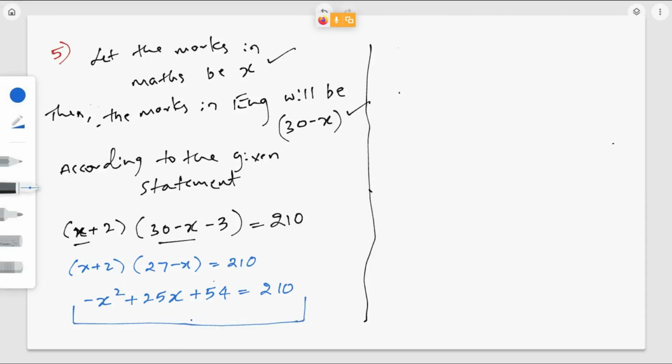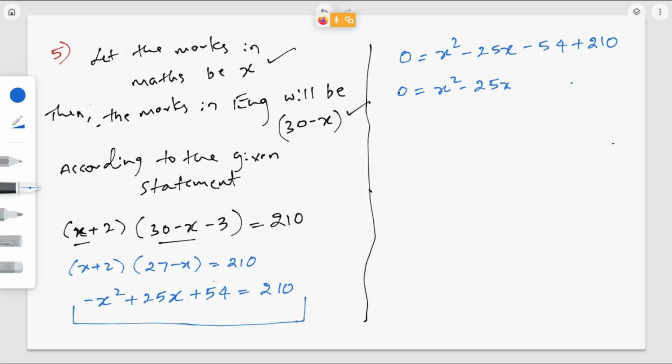Yes, sir, it is the same. Now solve this one: X square minus 25X minus 54 plus 210.